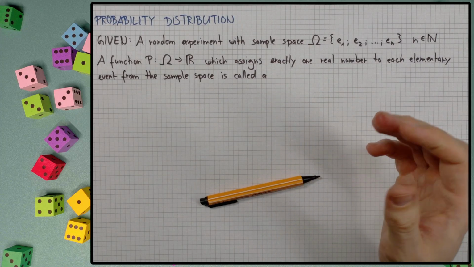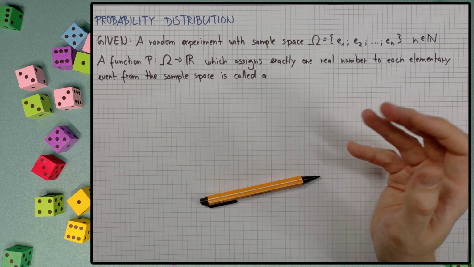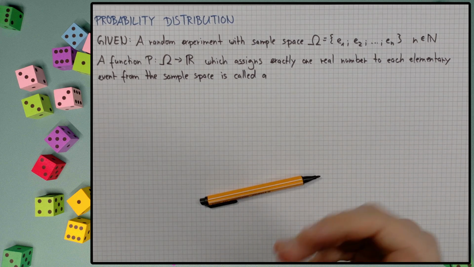This is the function, this letter P, which enabled us to write P of 6 equals 1 over 6.